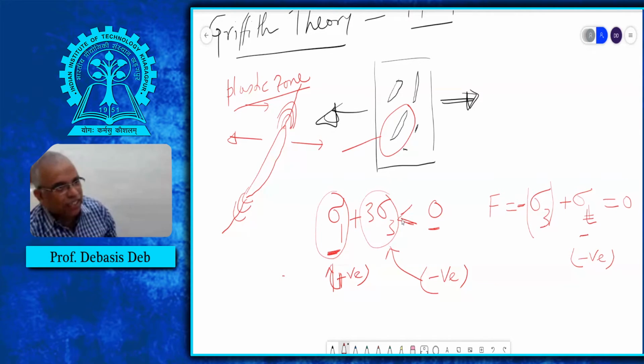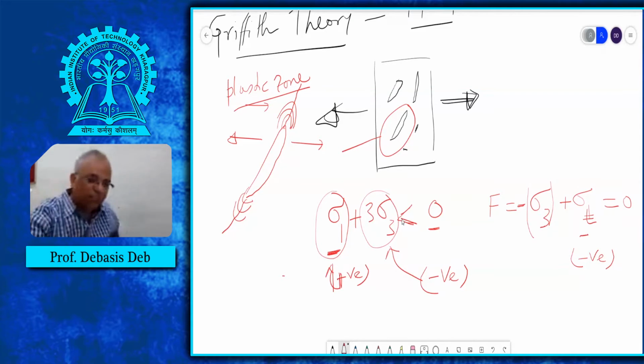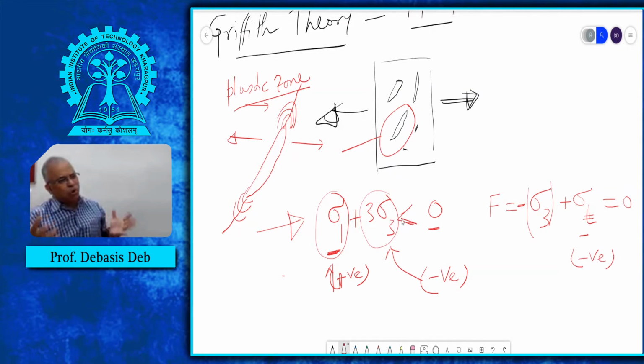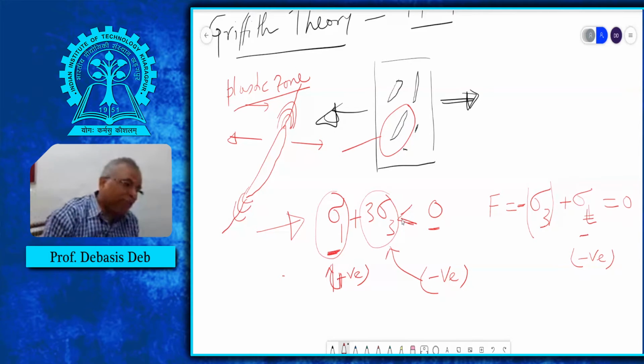It's a very simple criteria. Now the condition is this, due to Griffith. So in other words, in the roof of an underground opening or a beam, we mostly see tensile failure.